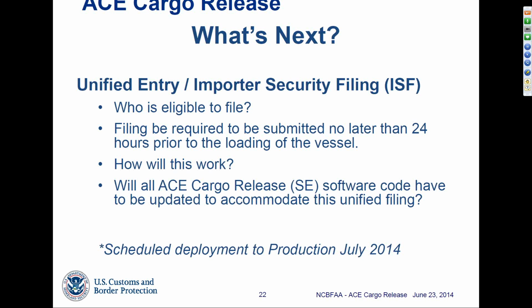We've made this process so if you would like to file importer security filing with your entry, all you have to do is include the additional records instead of SE record 10, 20, 30, 40.